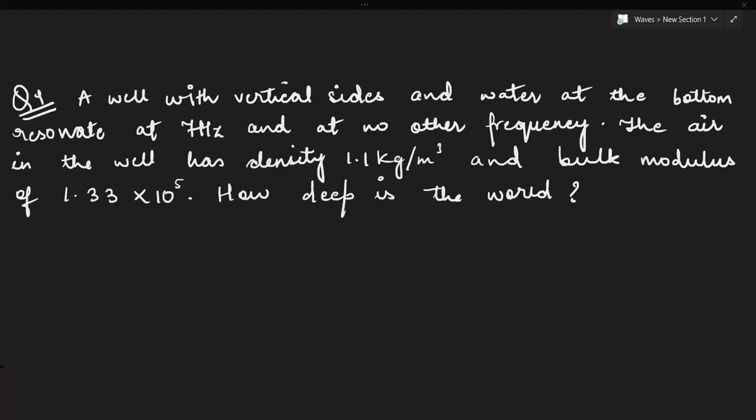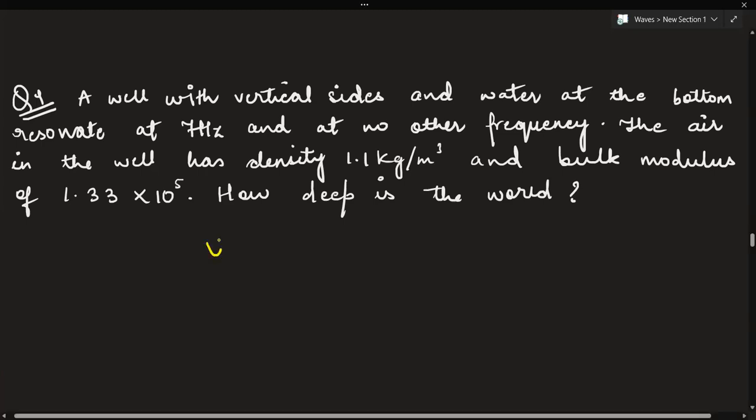Do you remember we did bulk modulus when we were discussing mechanical properties of solids? Yes. So see, this relation you might not know. The velocity of sound, bulk modulus and density have a relation: v is the square root of B by rho.